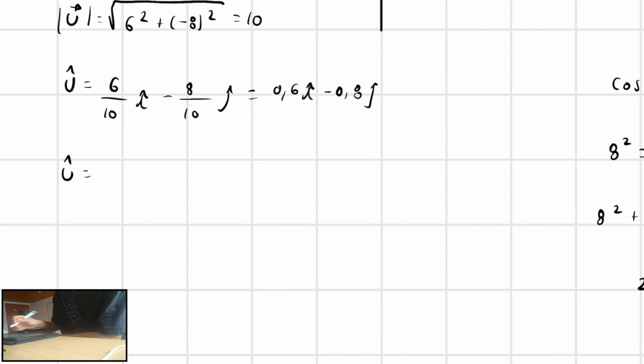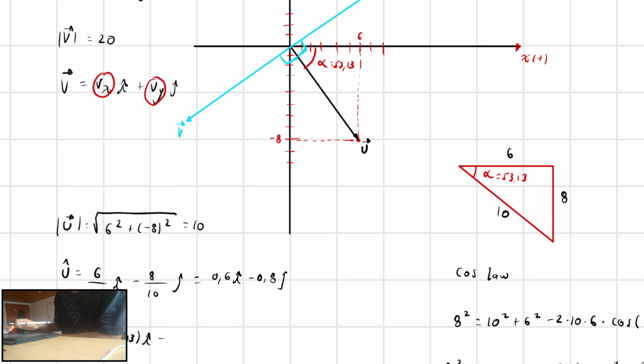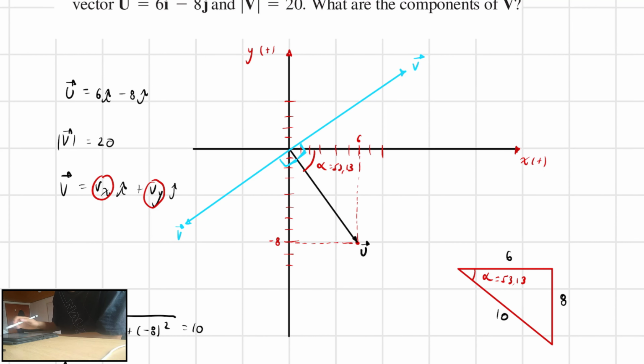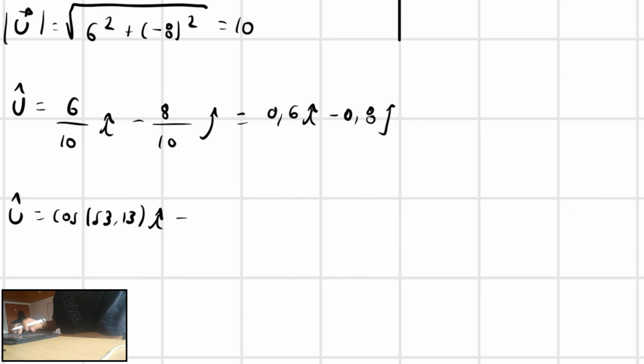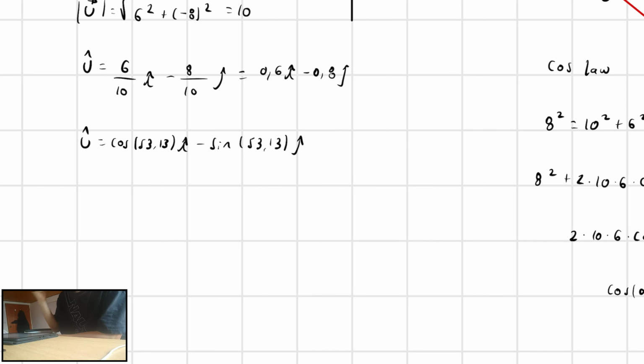And that is going to be equal to the cosine of 53.13 in the i direction minus, and I use minus because along the y direction I have the negative part right here and the positive part right here, the sine of 53.13 along the j direction. All right, we have everything we need.